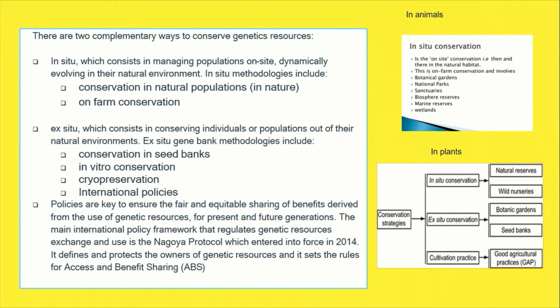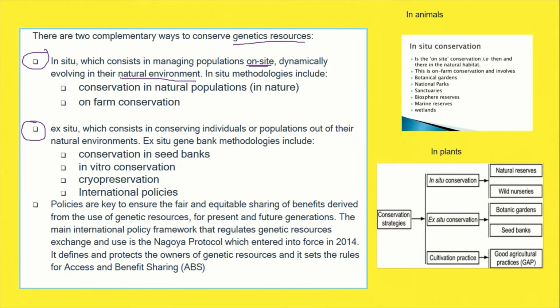And now we usually will have two ways of conserving genetic resources. One of them is what we call in situ, and the other one is what we call ex situ. In situ consists of managing populations on site, dynamically involving their natural environment.